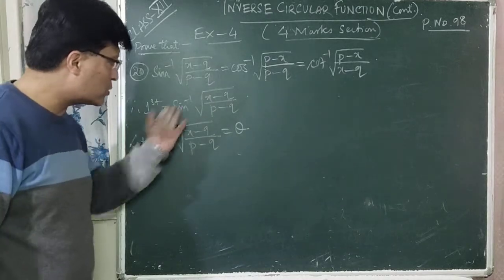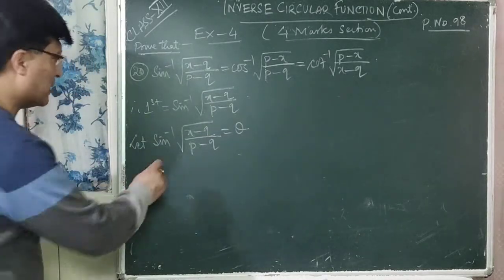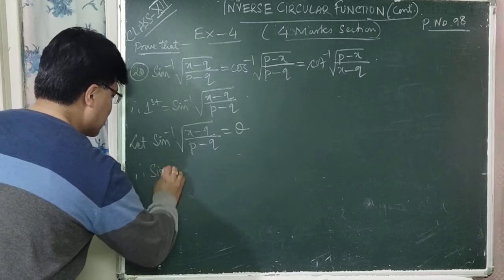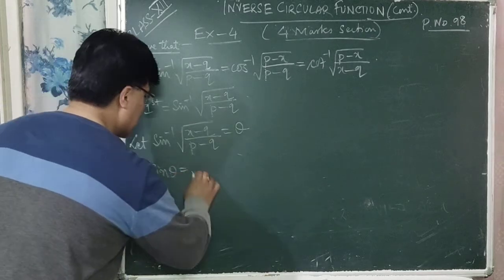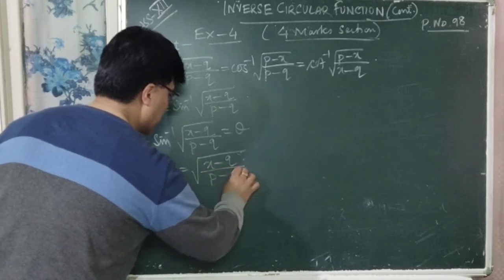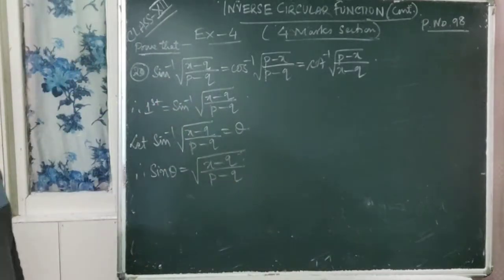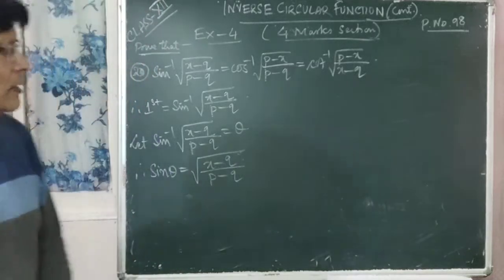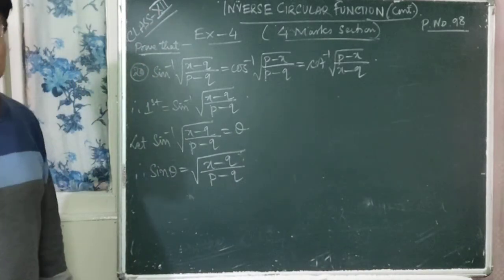Now when sin inverse goes to the right hand side, it becomes sin theta. That means you will get the value of sin theta, isn't it? So sin theta is equal to root over x minus q upon p minus q. Is that clear now? So now what will you do in the next step?